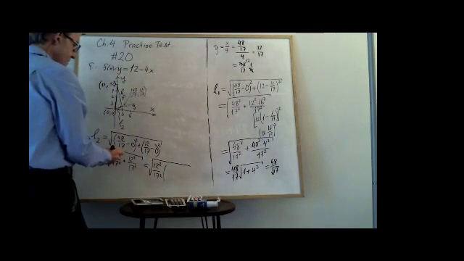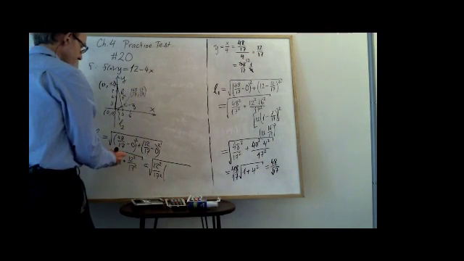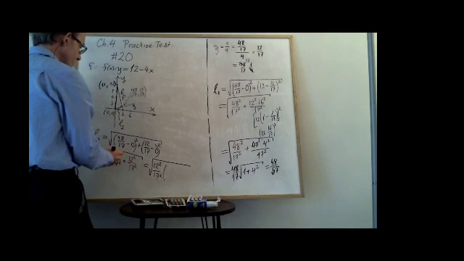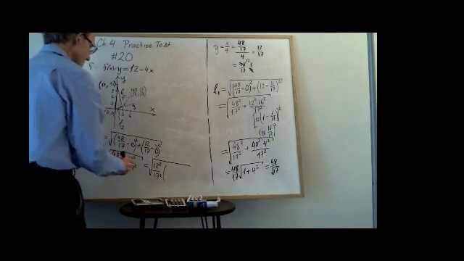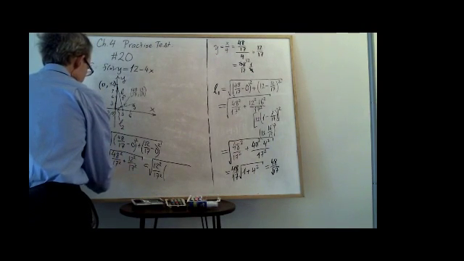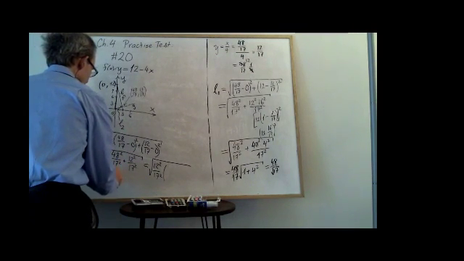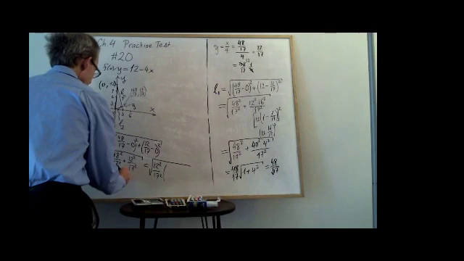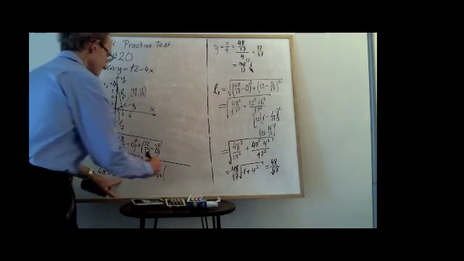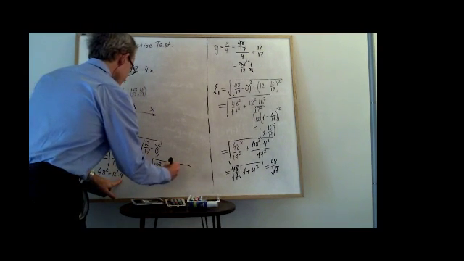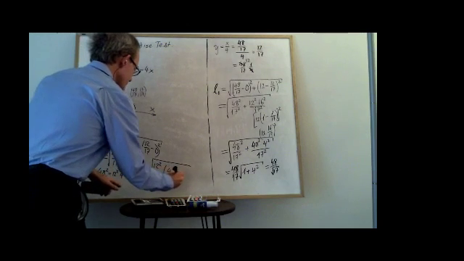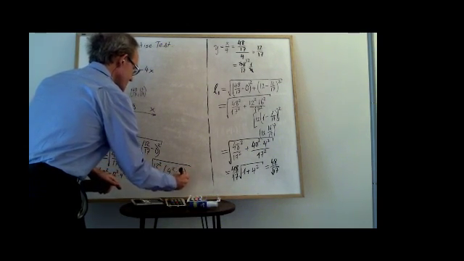And then here I get 12 times 4, each number squared, right? So this is looking like that. And so we get 4 squared is the remaining factor from this one, and 1 is the remaining factor from this one.